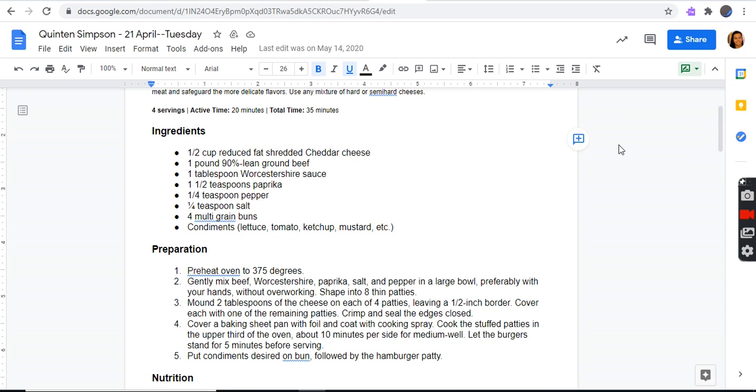Ingredients: 1.5 cups reduced fat shredded cheddar cheese, 1 pound of 90% lean ground beef, 1 tablespoon Worcestershire sauce.